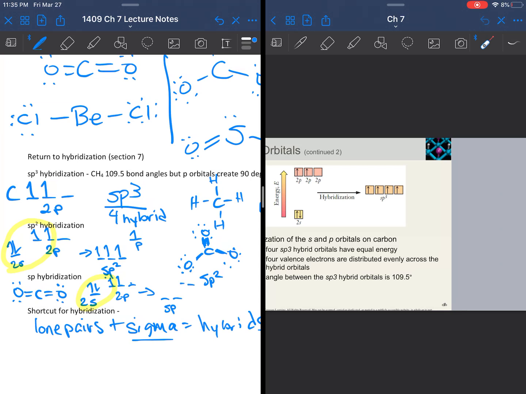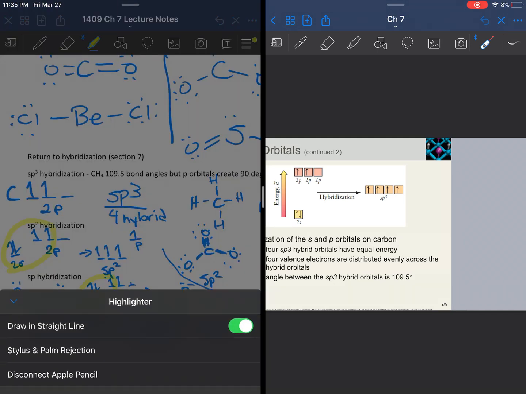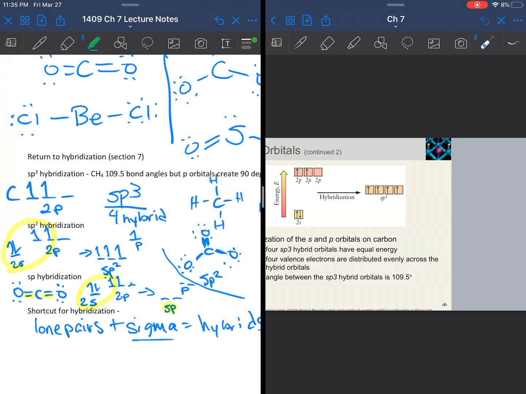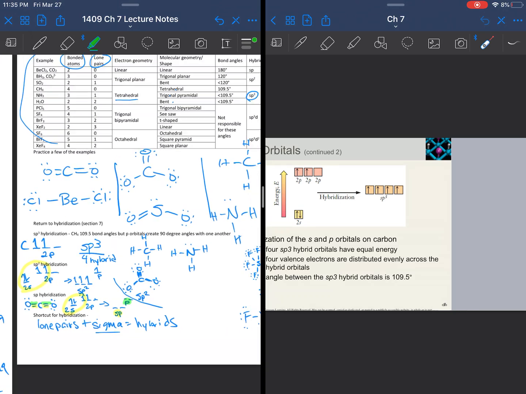You're going to get two equal energy sp orbitals. And so you're going to get your sigma bonds from the sp. Let's change this color for a second. And then you're going to have the pi and the pi, and that's going to come from those p orbitals.